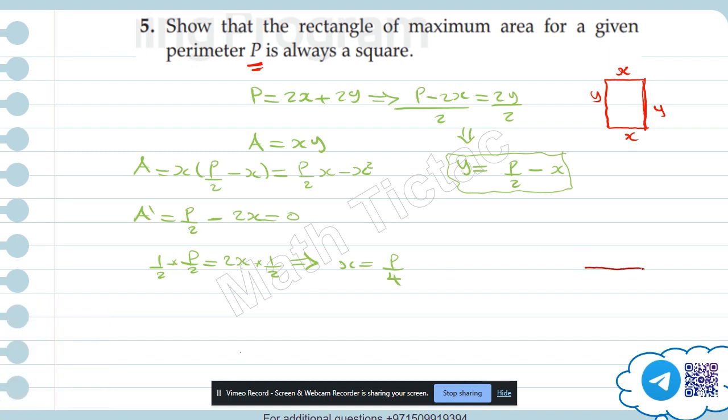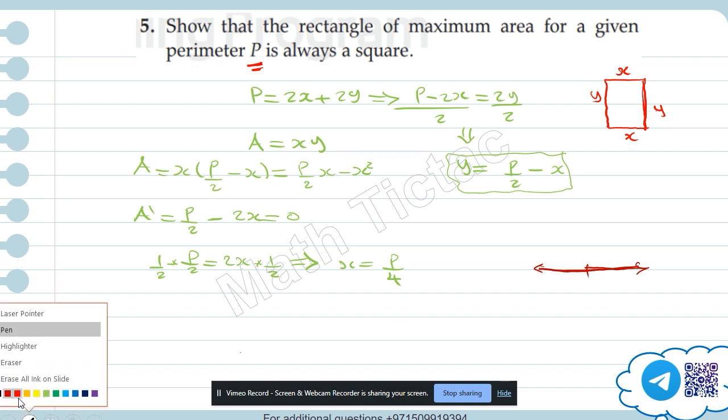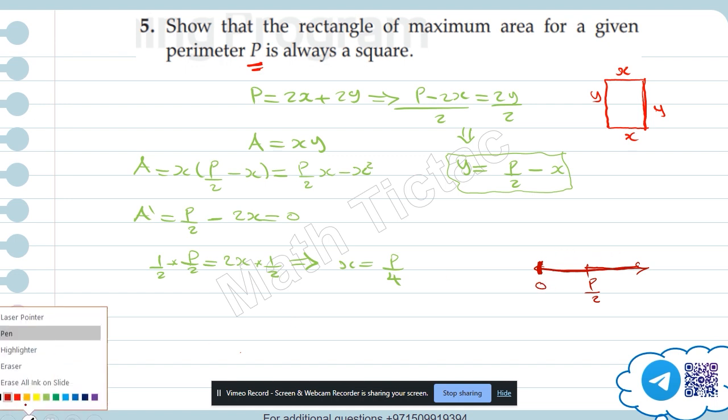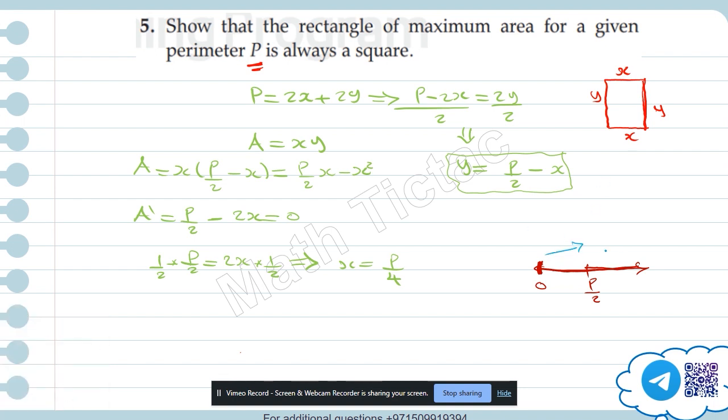So in here the number line: over here I have P over 2. For sure I cannot take any value less than 0 for x. So this is going to be the maximum value, because, sorry, this is not P over 2, this is P over 4.